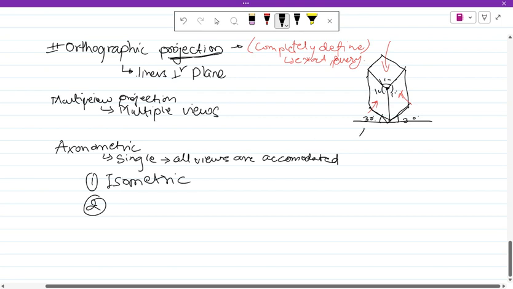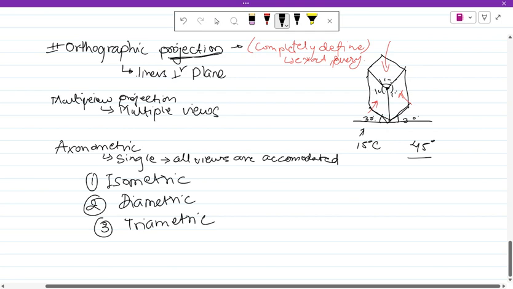If one angle is 15 degrees, then it is known as dimetric. And if one angle is 15 degrees but another angle is 45 degrees, it is known as trimetric. So these are three kinds of axonometric views.